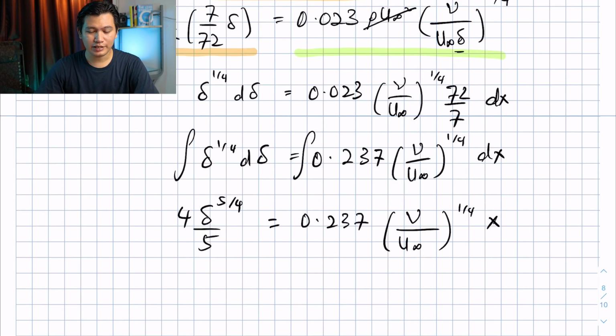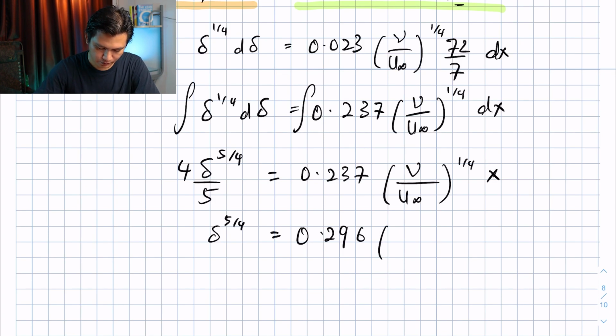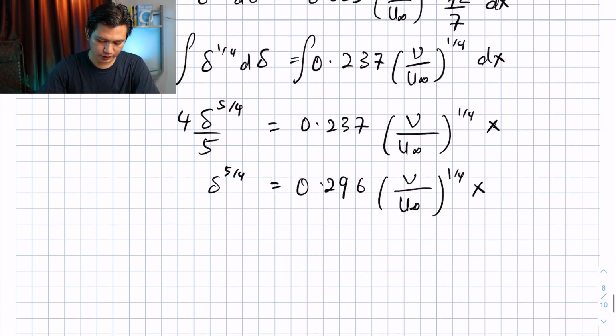And if I want del on the left, what I'm going to do is I'm going to leave del here, 5 over 4, and this becomes 0.237 times 5 over 4. This is 0.296 nu u infinity power of 1 over 4 x, right?